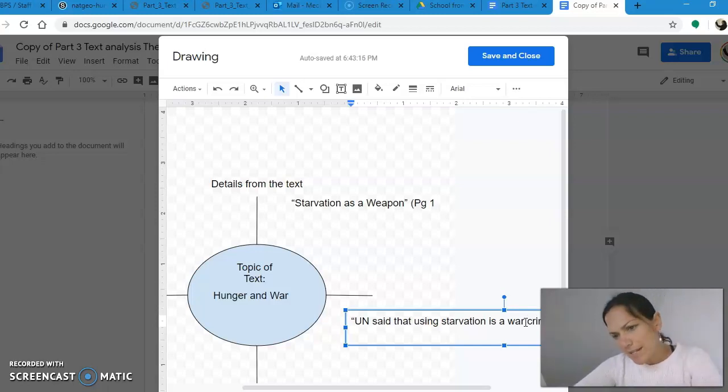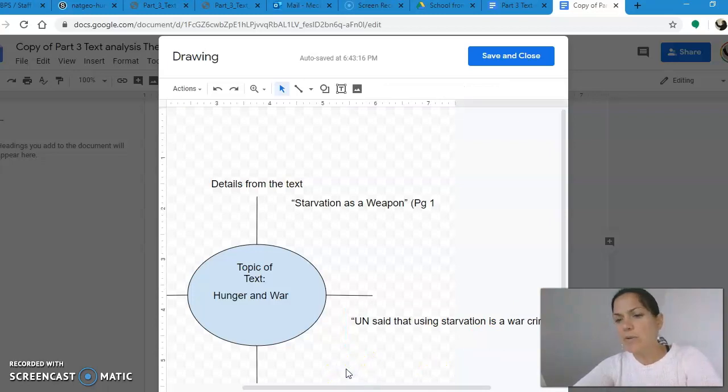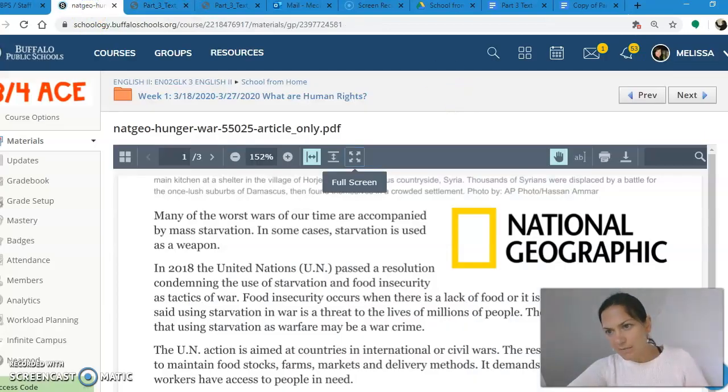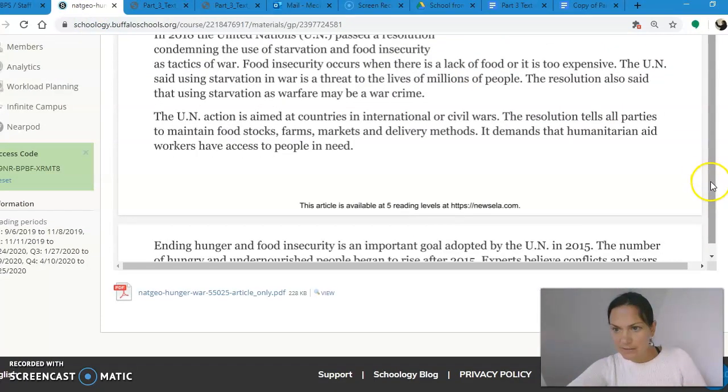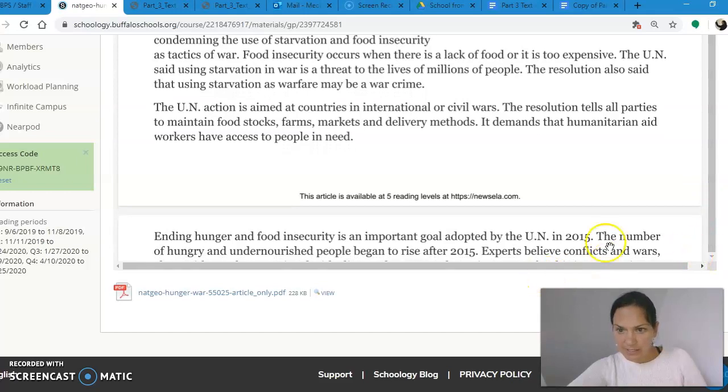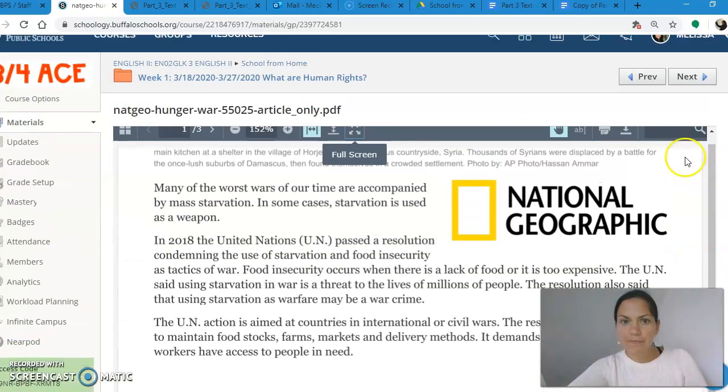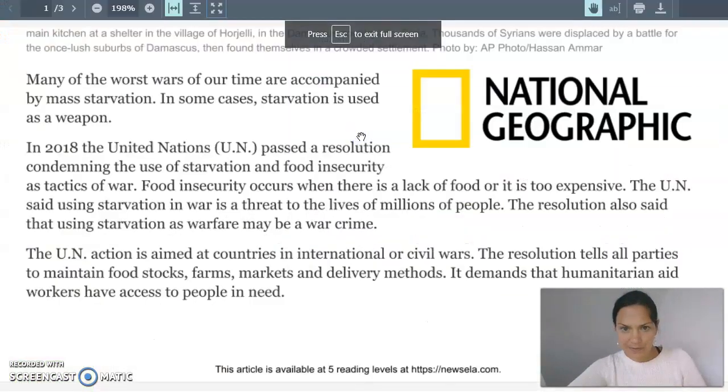Okay, now for my additional details, I'm going to use information from the text where they talked about the problems, the conflicts in Yemen and in Syria. So I'm going to go back to my article and I am going to look for details that support that. Let me see here. Here we go.